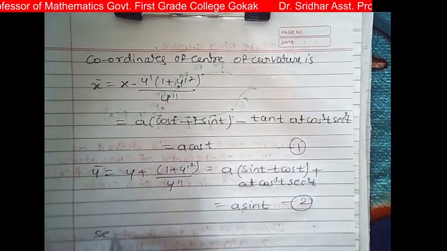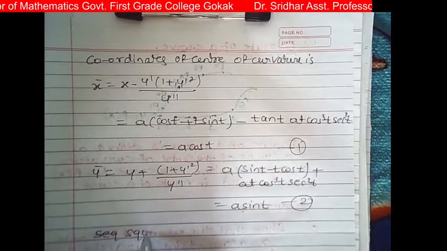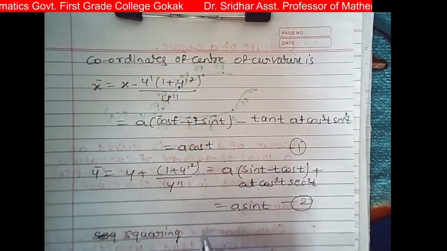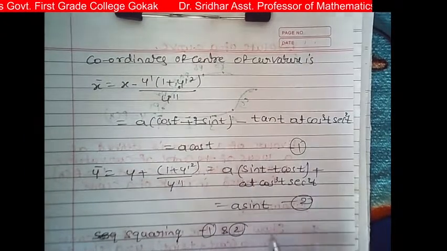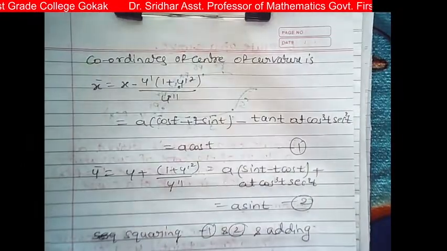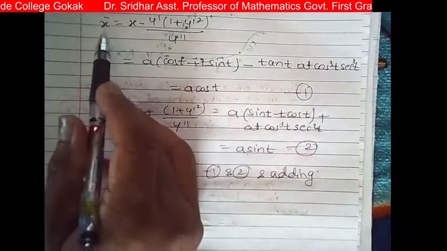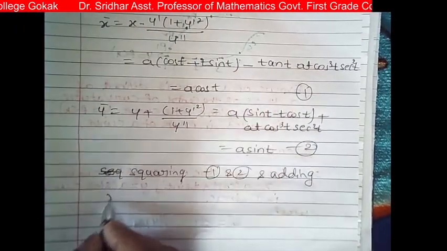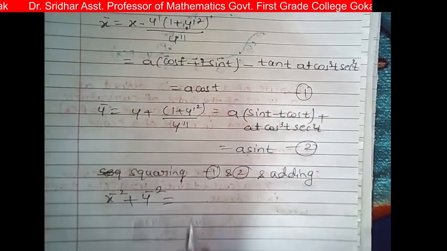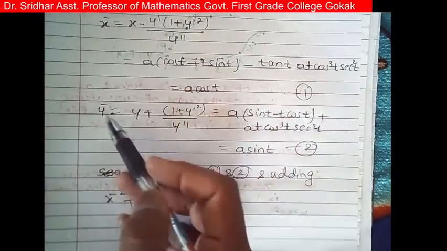Now squaring equation 1 and 2 and adding. So first you square this. After squaring this becomes x bar square, and this is y bar square. Squaring and adding.